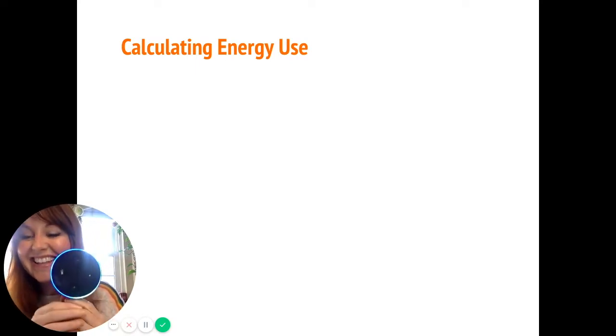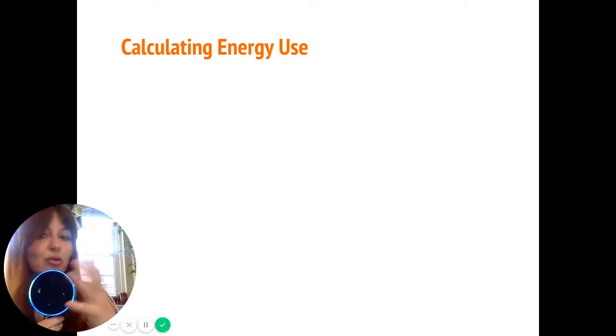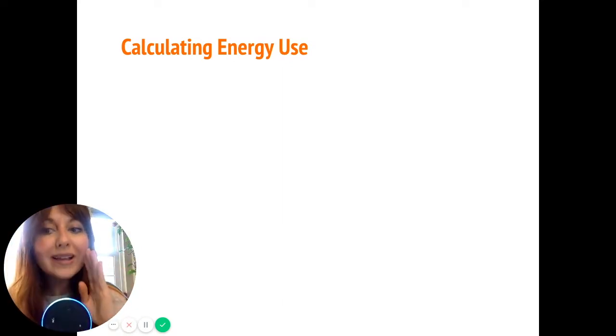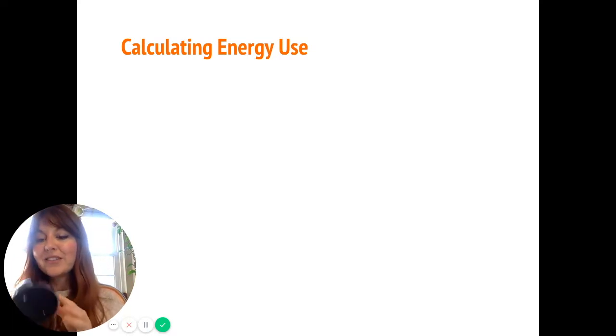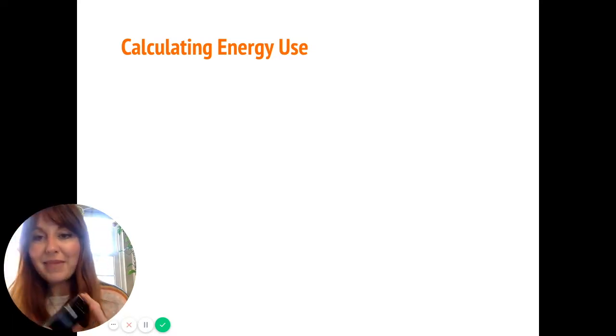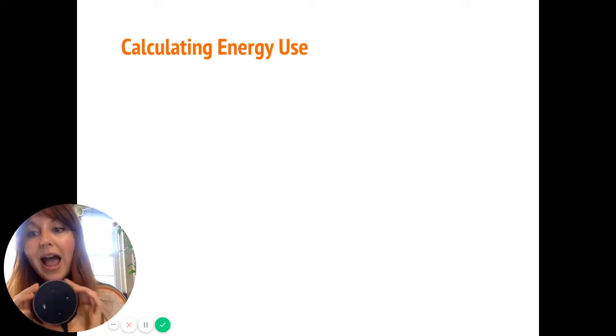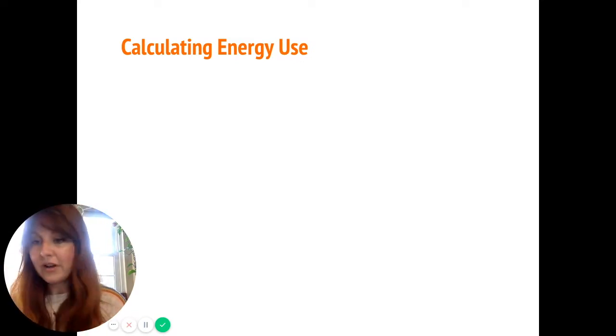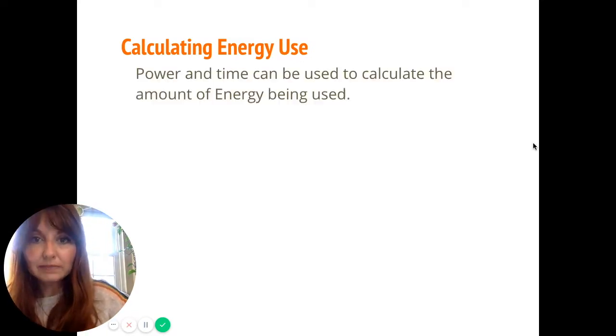There she is. I use Alexa 24 hours a day. I don't actually use Alexa 24 hours a day, but she's always listening. So she's plugged in all the time, and I would use 24 hours a day as my time for how often I am using that device.